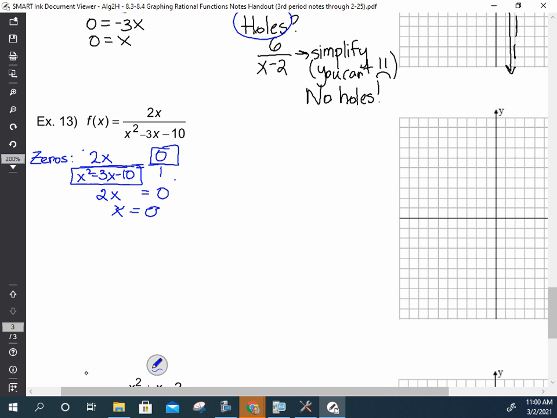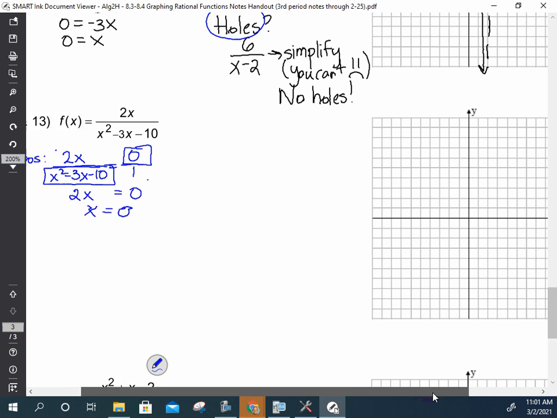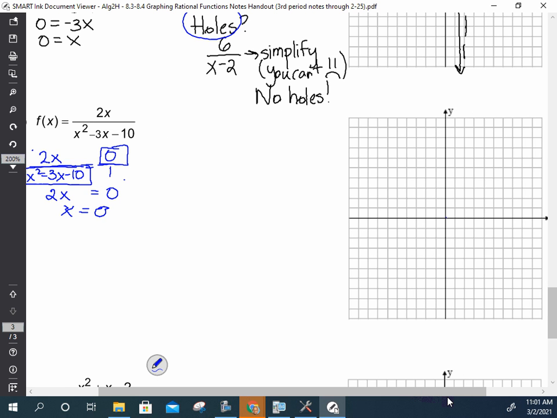Remember, the shortcut is taking the numerator and setting it equal to 0. That's the shortcut. So x equals 0 is your x-intercept. So the graph, the point there.